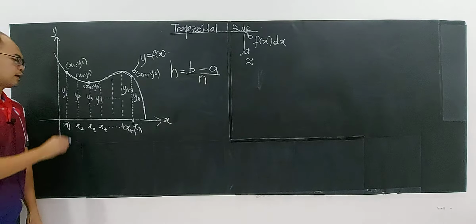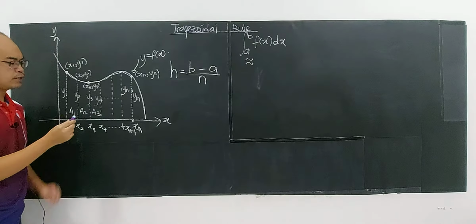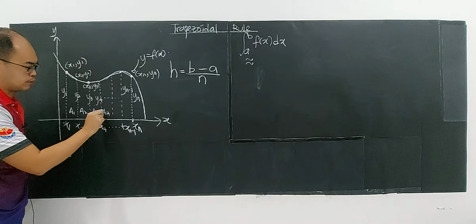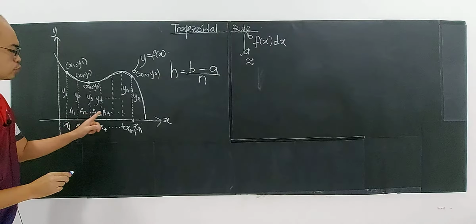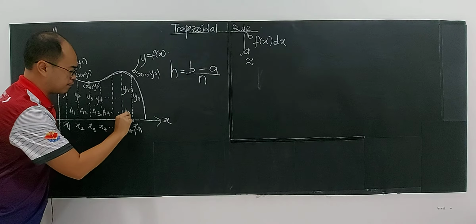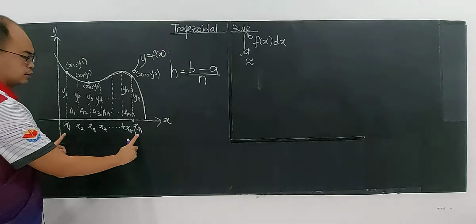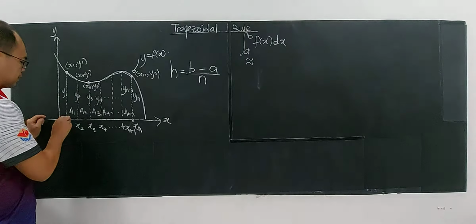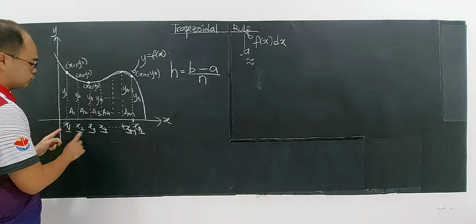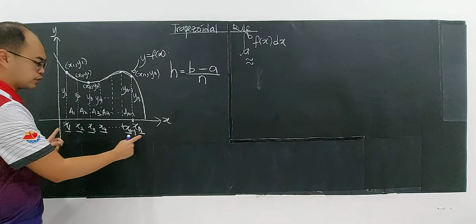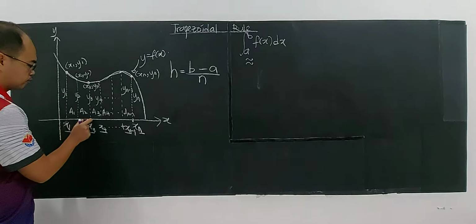So now we have divided them into A1, A2, A3, up to An minus 1 trapezium. If you have n ordinates, you will have n minus 1 strips.